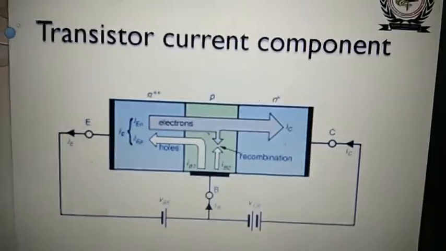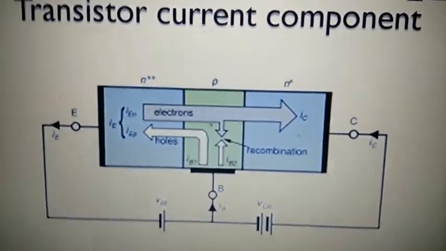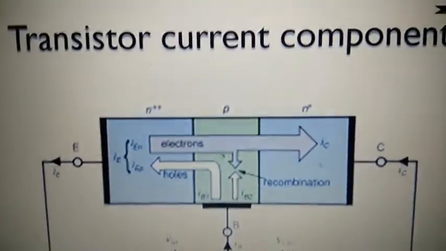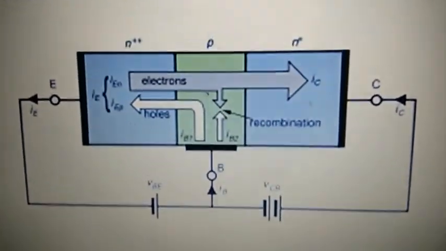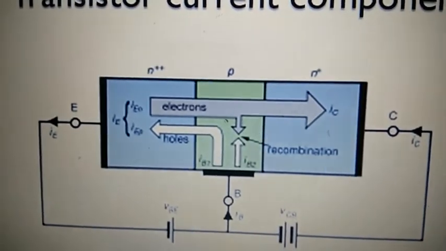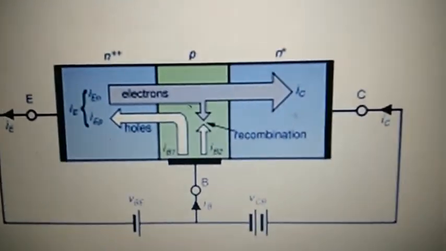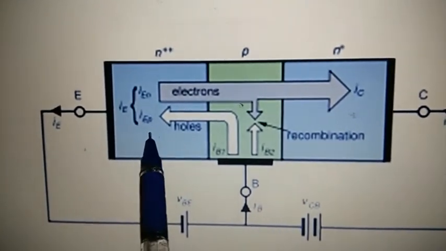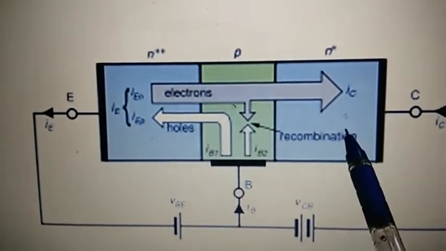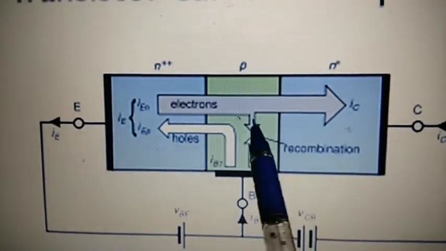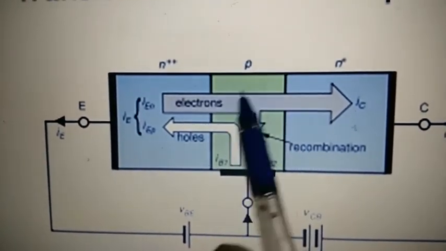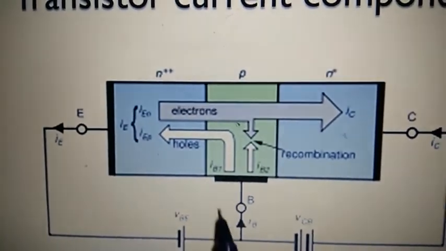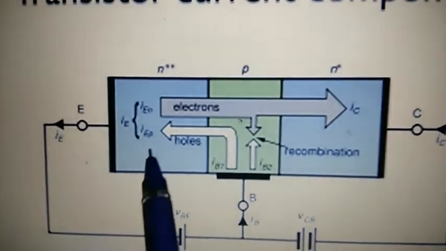Now let us see the transistor current components. You can observe this figure carefully. This is the emitter section, this is the collector section, and this green part is shown as the base region. The emitter region is heavily doped.